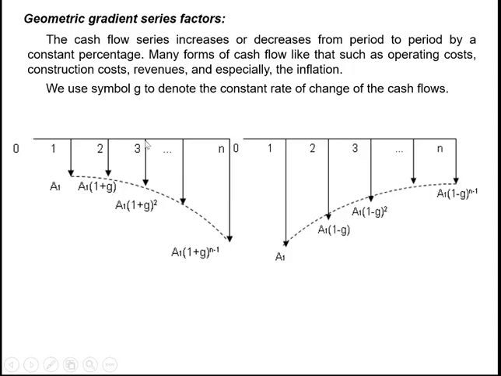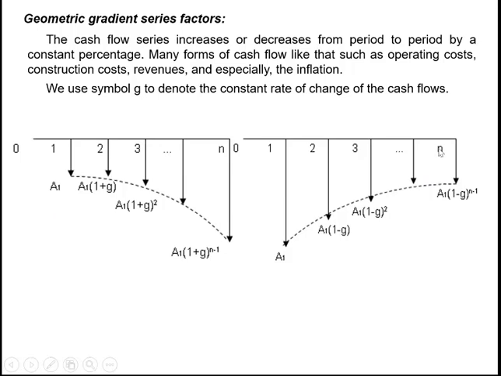At period 3, it is I1 times (1 plus t) to the power 2, and so on. At period n, the cash flow is I1 times (1 plus t) to the power n minus 1. That is the geometric gradient series with cash flows increasing by a percentage of t.